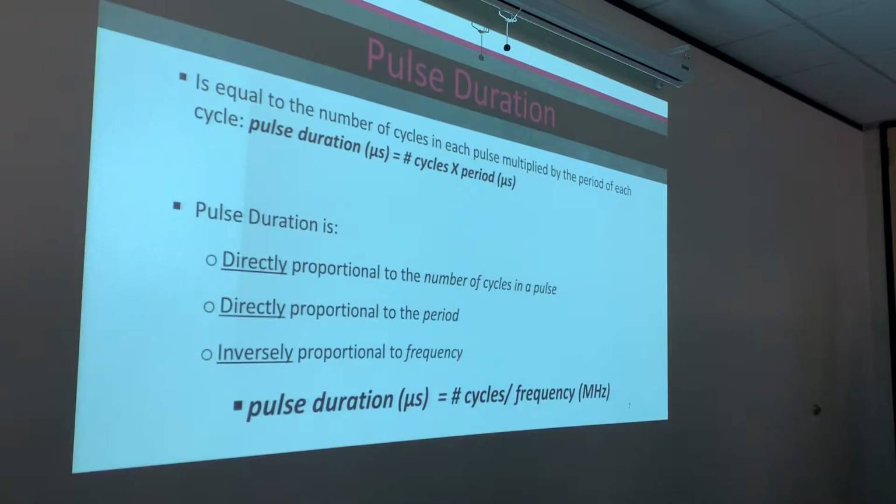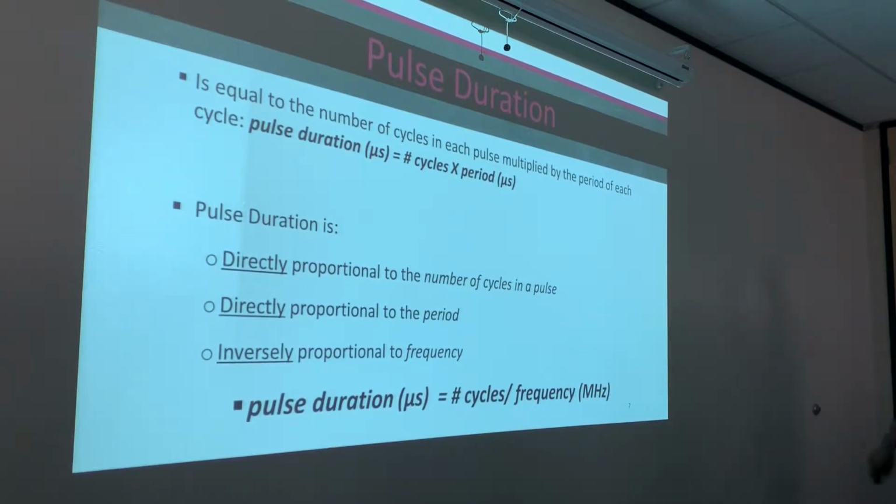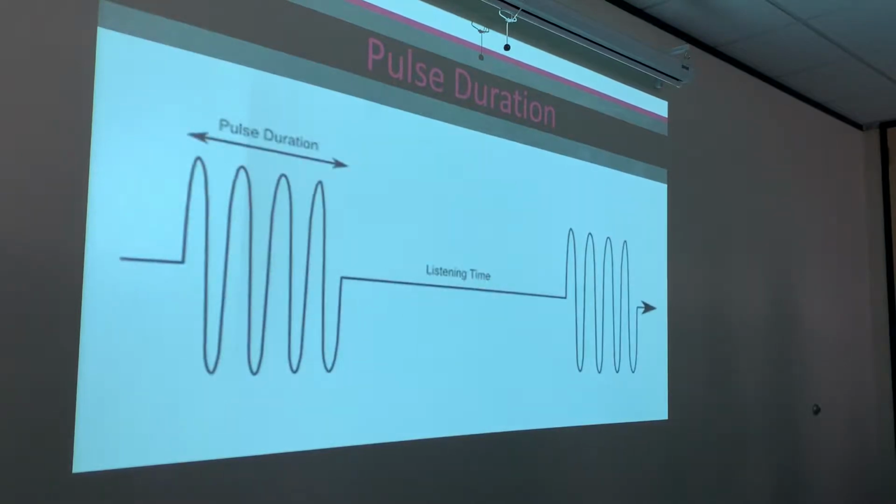So pulse duration is equal, again, I already told you this, guys, to the number of cycles in the pulse multiplied by the period of each cycle. Period means the time it takes to complete 1 cycle.